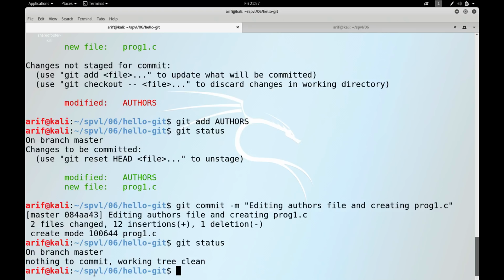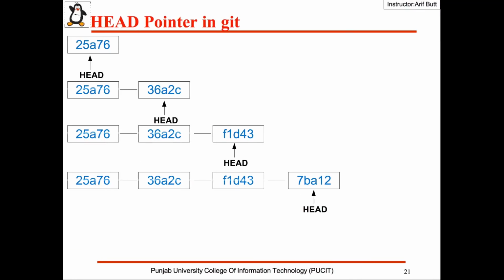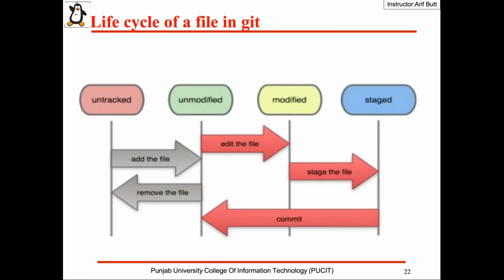Let me move on to the slides again and brush up these concepts a little bit. This slide shows the life cycle of a file in Git. Each file in the working directory can be in one of two states, untracked or tracked.